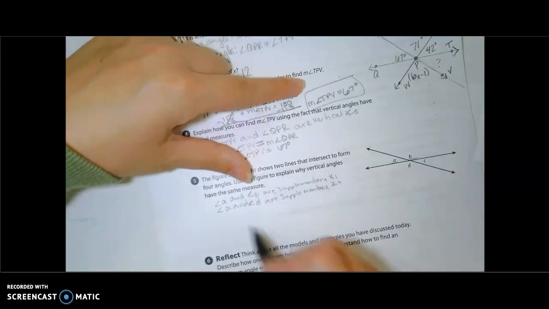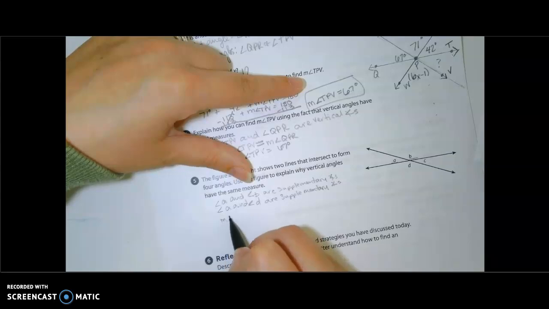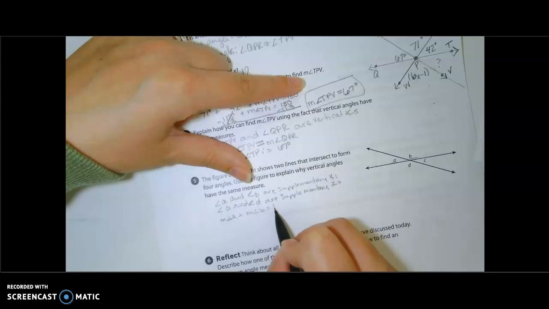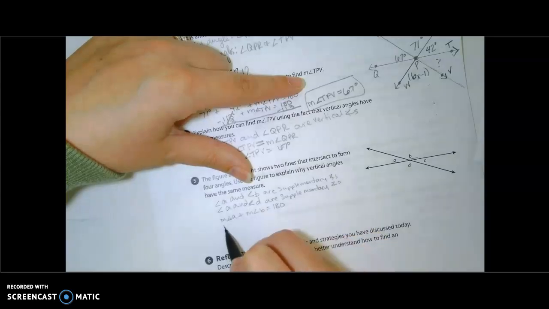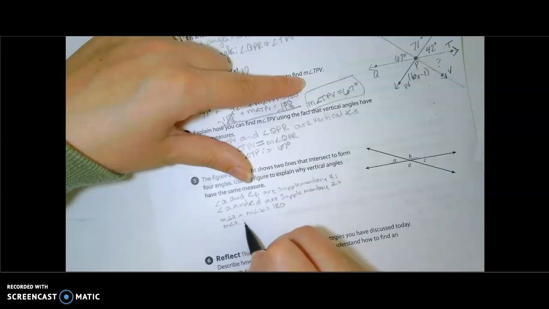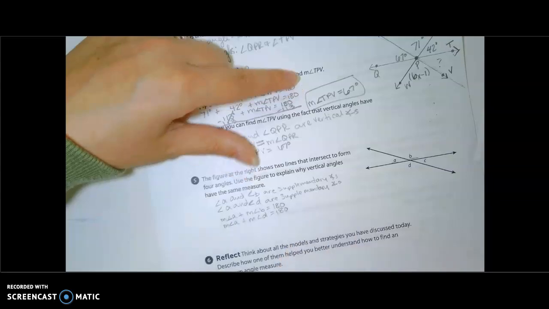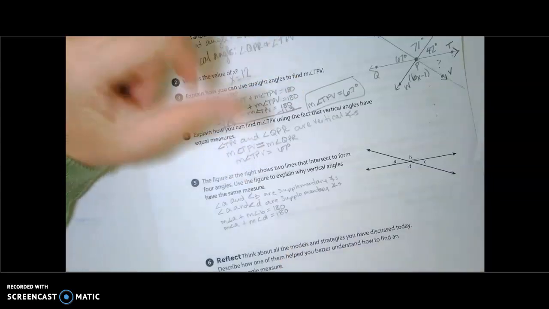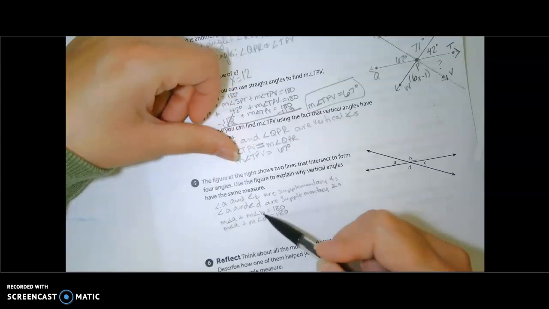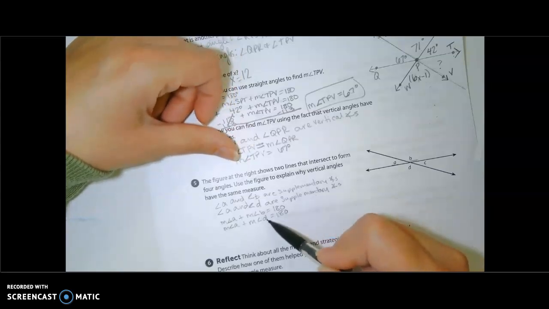Because they are supplementary, that means that the measure of angle A plus the measure of angle B equals 180 degrees. But I also know A with D are supplementary. So measure of angle A plus the measure of angle D equals 180 degrees. Both of these equal the same thing, so this side is actually equal to that side.